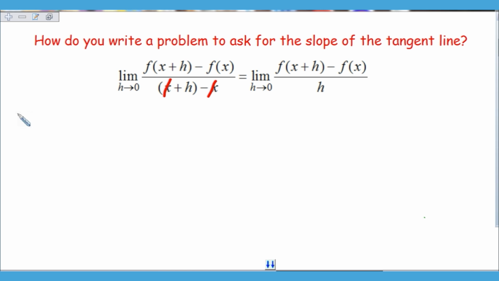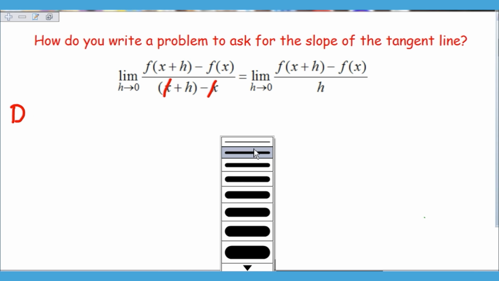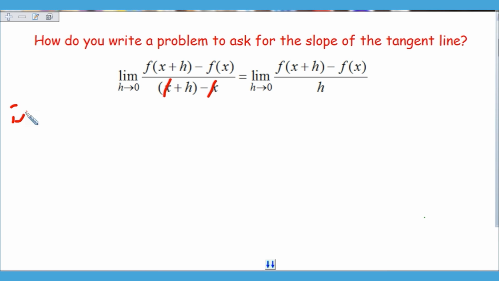I'm going to write the definition of the derivative. Let me do something. Sorry. All right, so the definition of the derivative, we're going to write the derivative of f of x equals x squared.